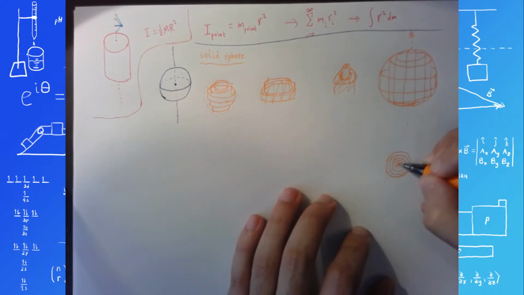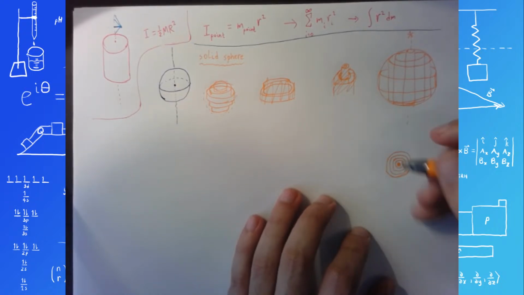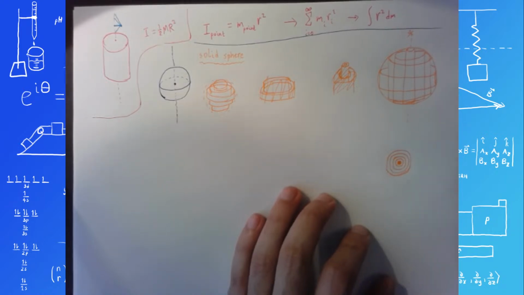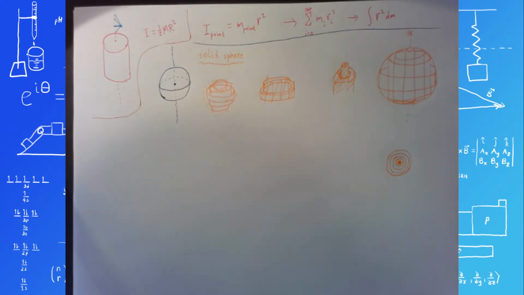And this middle cylindrical shell would be sticking out the closest to your eye, and then the next one would be a little bit farther away, and then the next one would be a little bit farther away, and so on. I hope that makes sense, because I'm not really drawing it all that well.